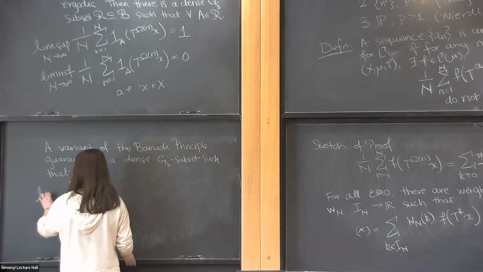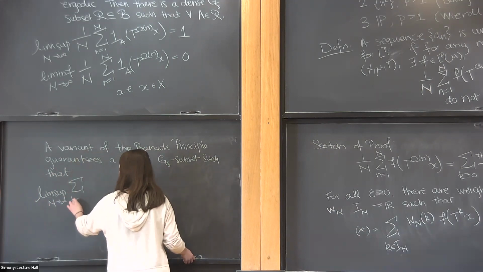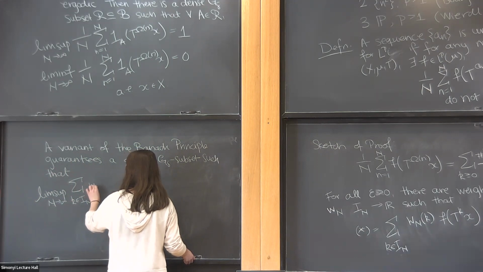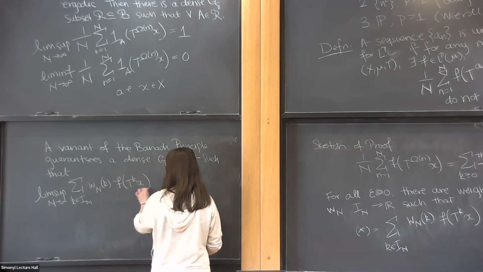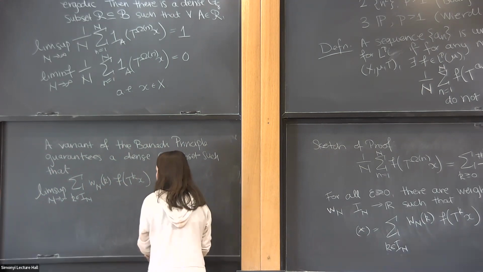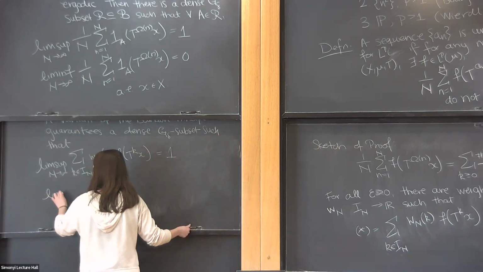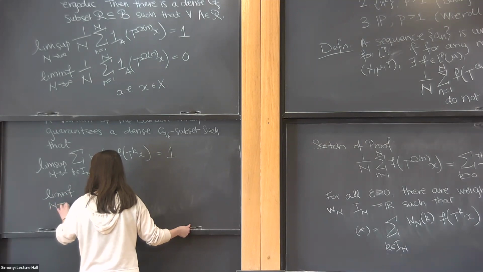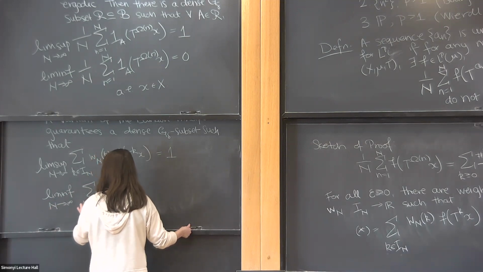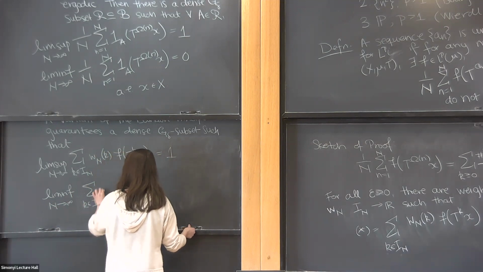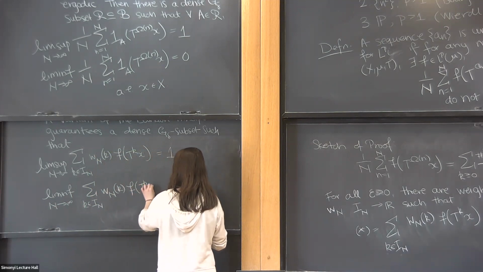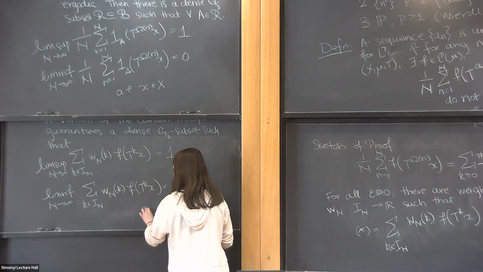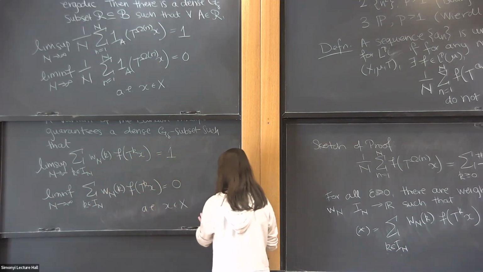All right, so we take the limsup of our weighted sums. We get 1. And then take the liminf. We get 0, and this happens almost everywhere.